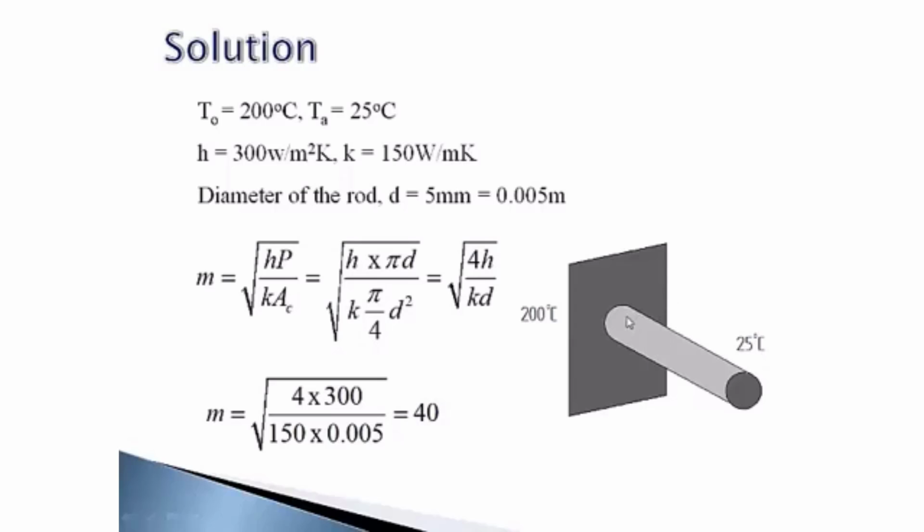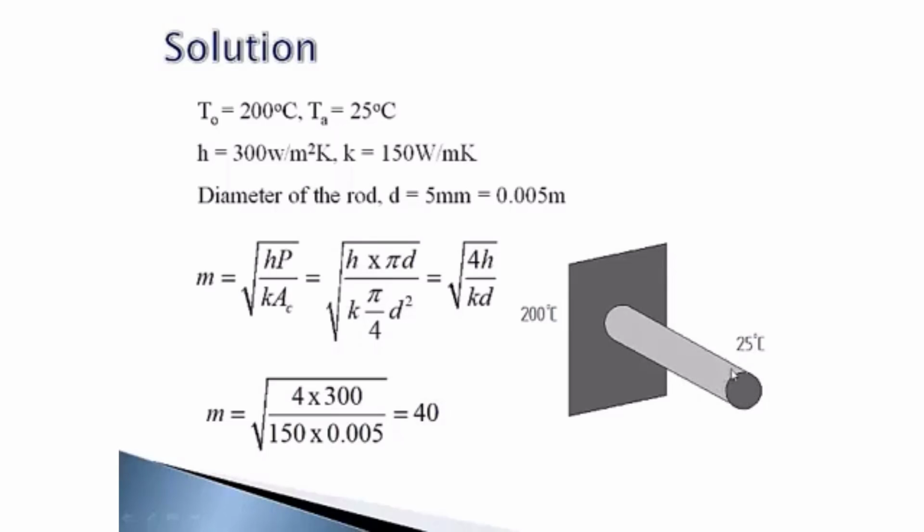As the conduction proceeds, the temperature drops and the temperature difference also drops, and when it comes to the end, the temperature difference decreases and the end part of the fin will not be efficient in convecting the heat. So for a long fin, since the length is more, when it comes to the end, the temperature difference is 0.